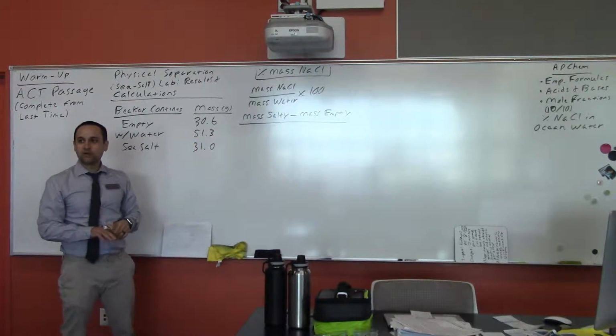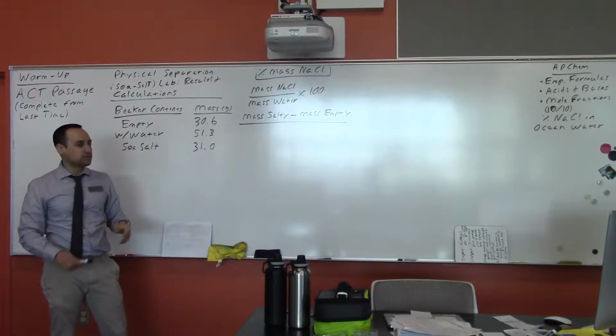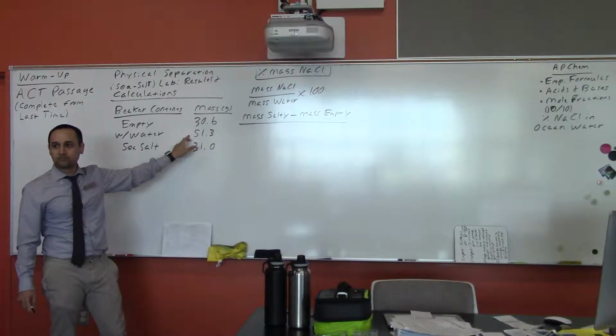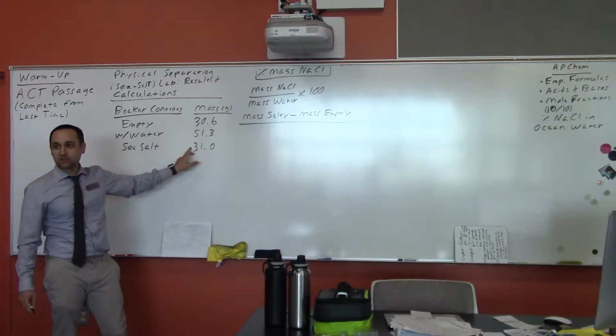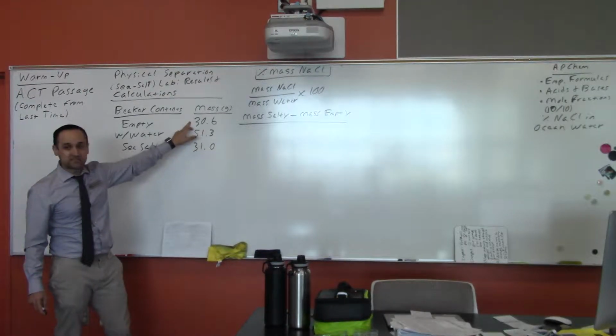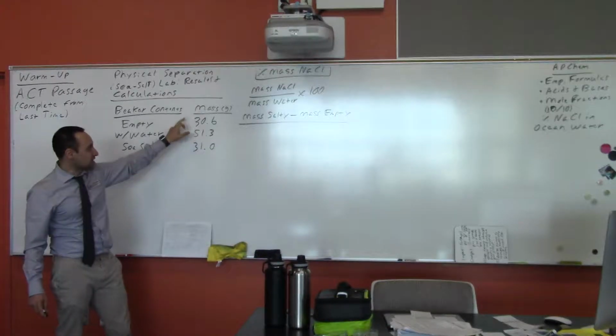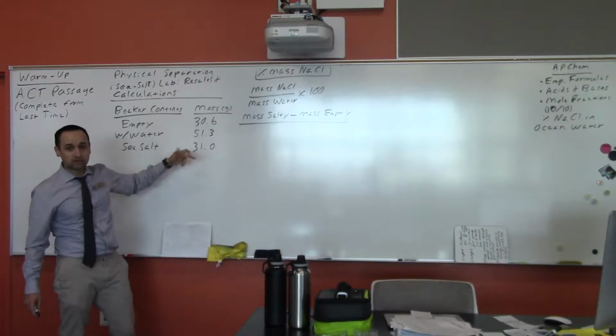Go ahead, Paula. What numbers do you subtract to find the mass of water in this beaker? Okay, so this beaker's got salt, right? This beaker has nothing, it's empty. So to find the mass of salt, you subtract the mass of the empty beaker from the salty beaker.